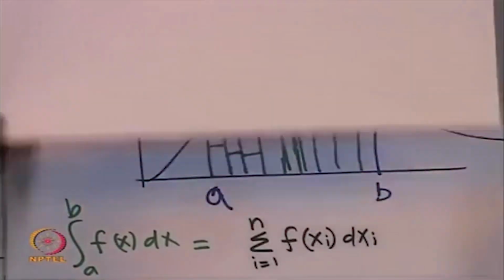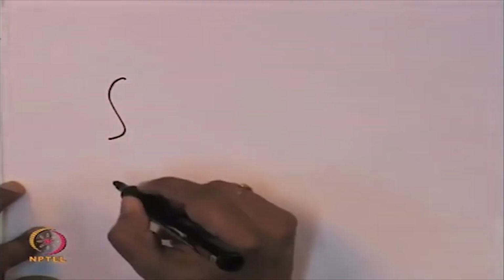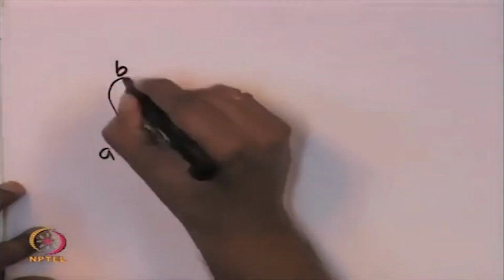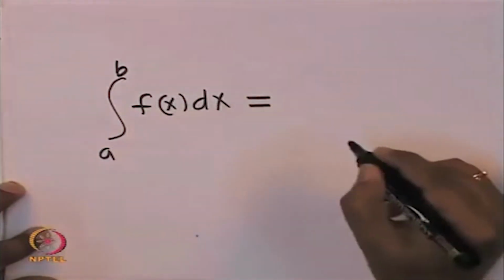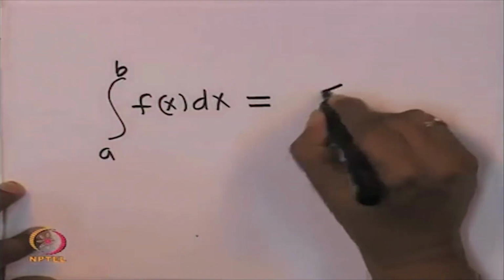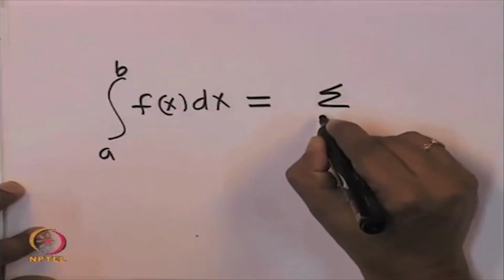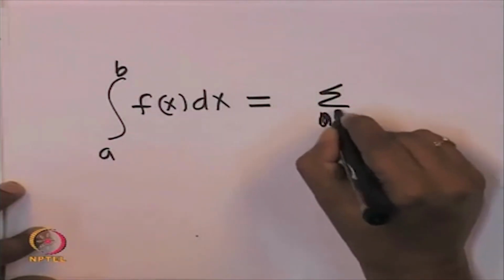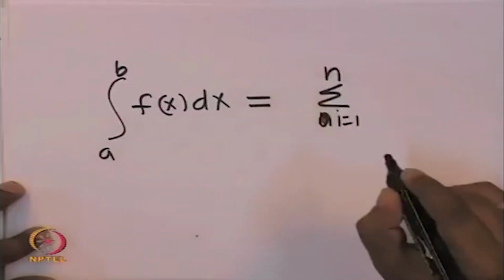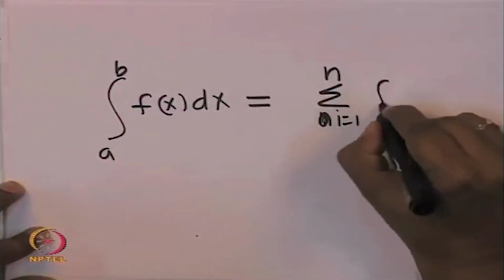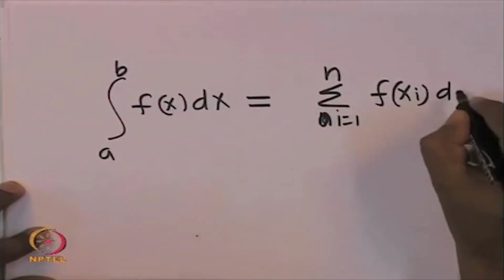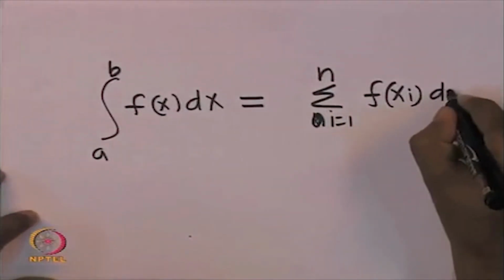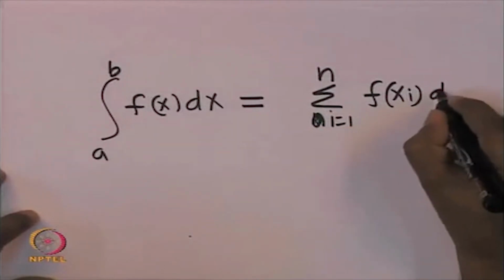So, what we wrote is that the integral from a to b of f of x dx will be equal to the sum over i equal to 1 to n of f of x_i dx_i. If you take all equal intervals, you will again have n such intervals.